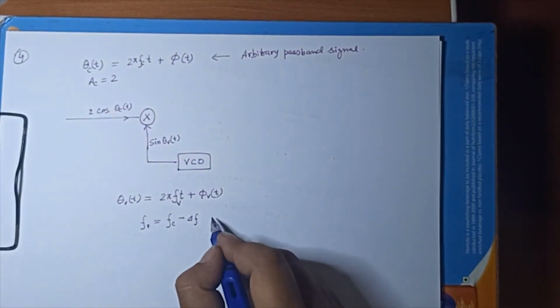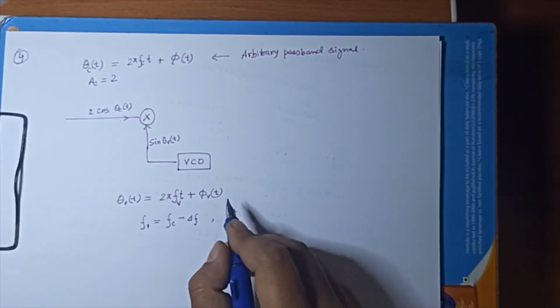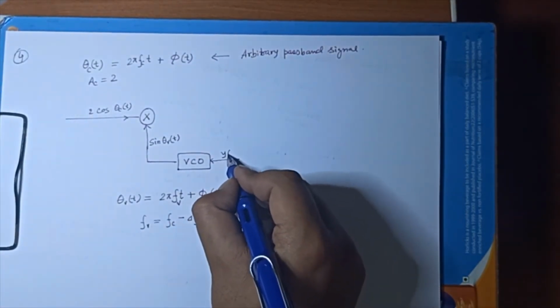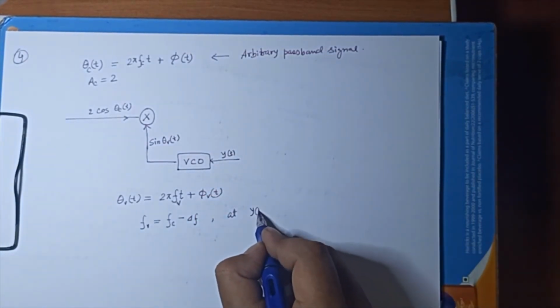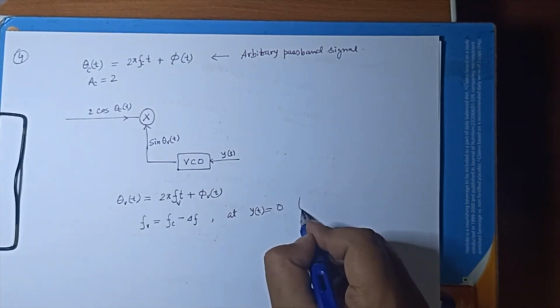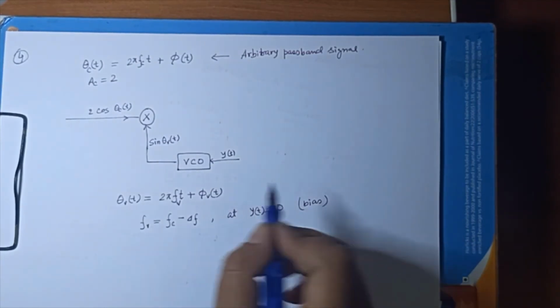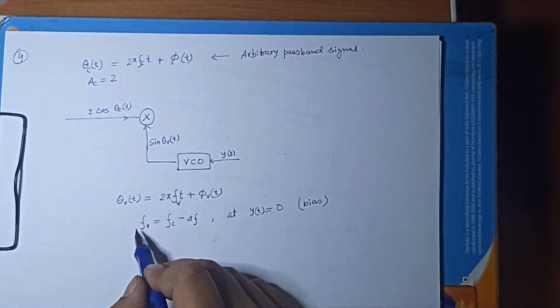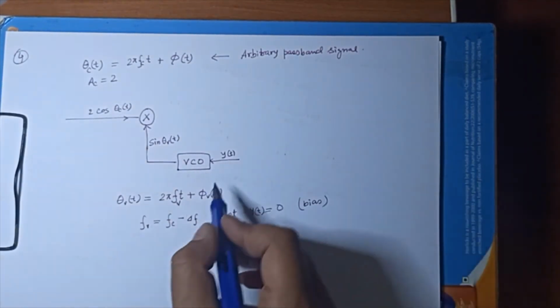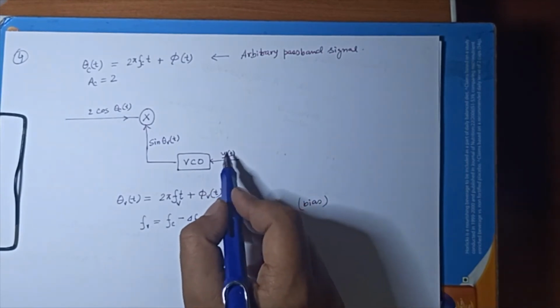And this is voltage controlled. So suppose this input is y(t), and y(t) is equal to 0. When the controlling voltage, or the bias of the circuit, is 0, then f_v is equal to f_c minus delta f.